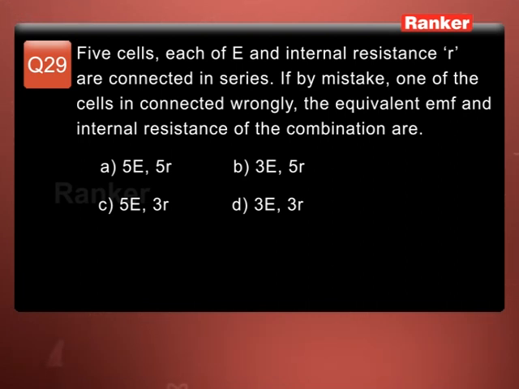He gave 4 options. First option is given 5E and 5R. Second option 3E and 5R. Third option 5E and 3R. Fourth option 3E and 3R. The correct option for this one is the second one.